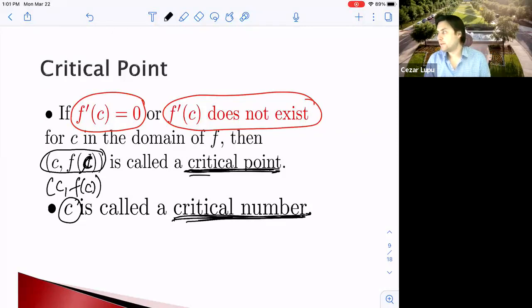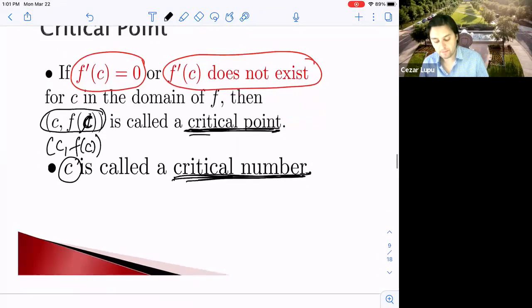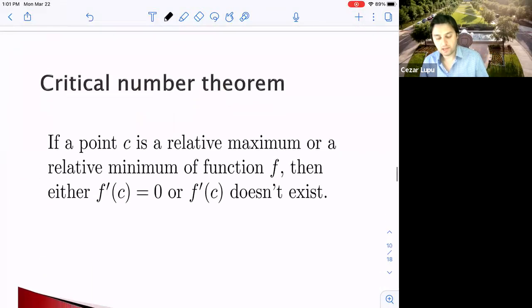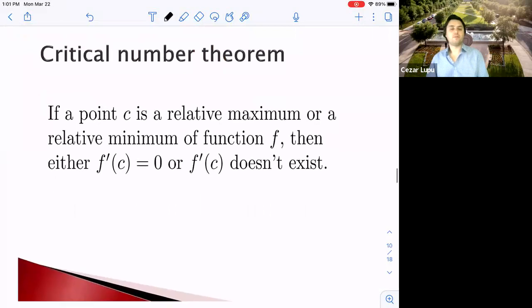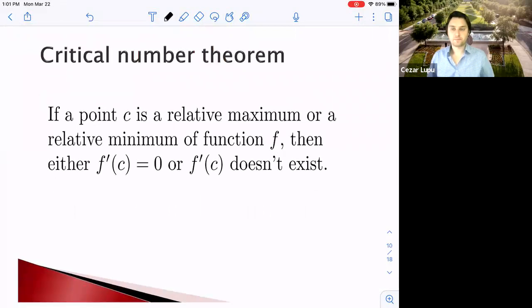And now we would like to relate this to minimum and maximum, and maybe to relative min and relative max, and this will be related in the following theorem. I would like you to look at this.